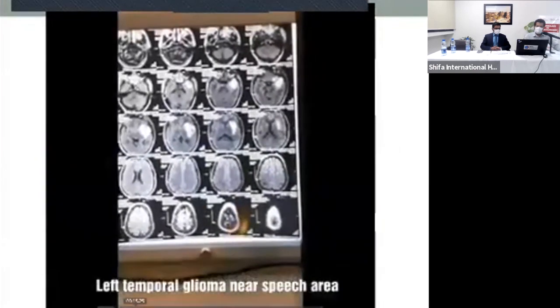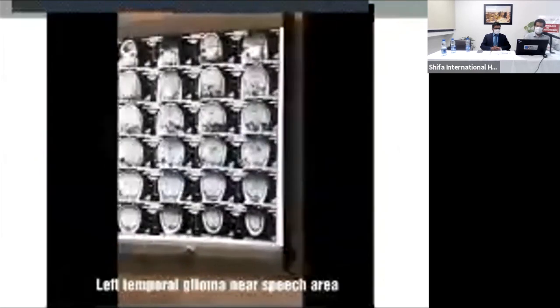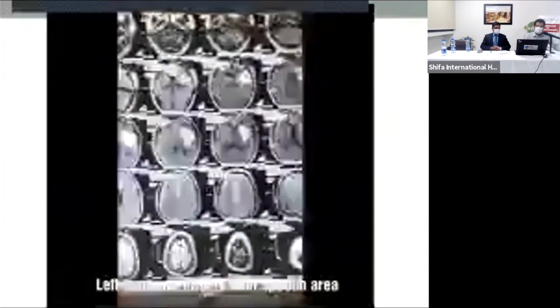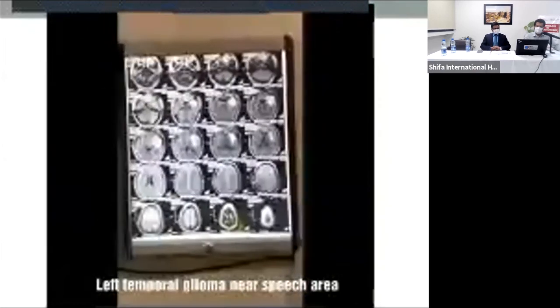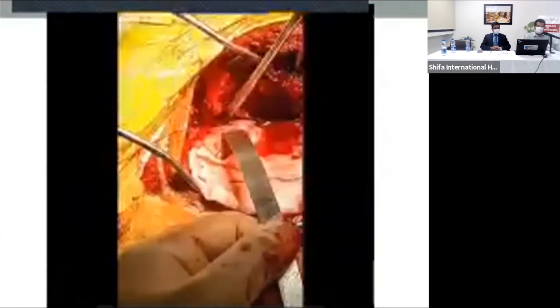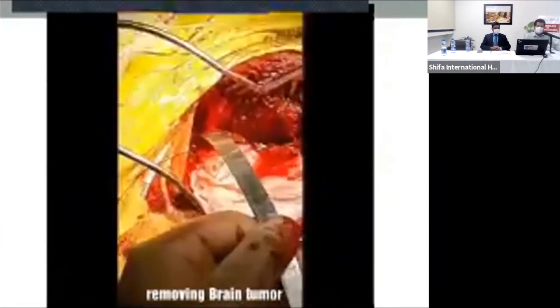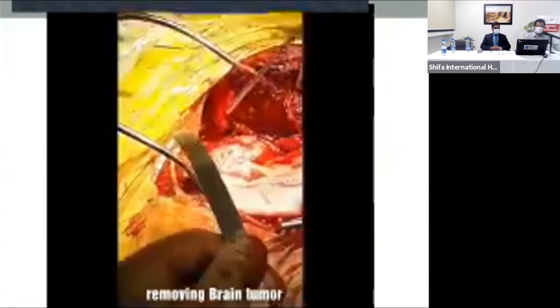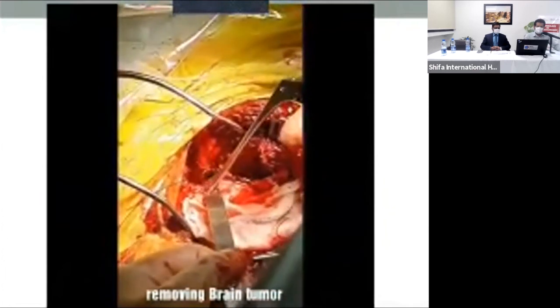There you can see the left side which area is involved by the tumor, and the patient is basically awake during the surgery, and we are just working the tumor safely as much as possible.